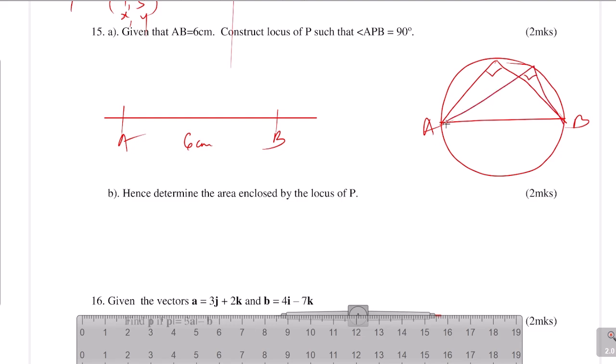That is the concept that is going to help you. Because we have angle APB, P will be located anywhere along this arc. So that is why we have the locus of P.